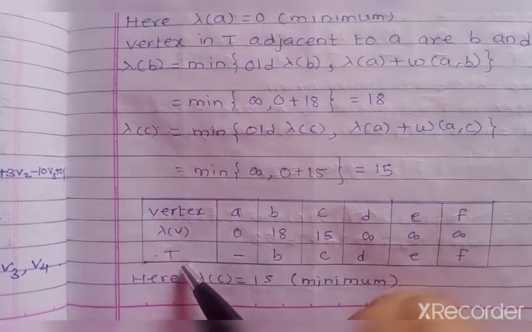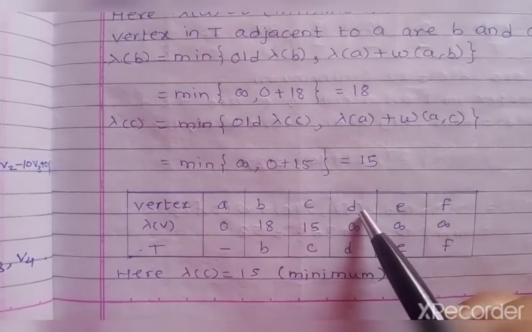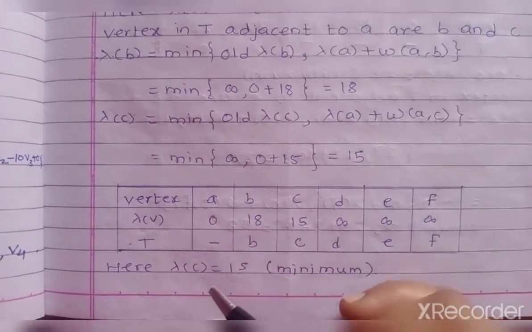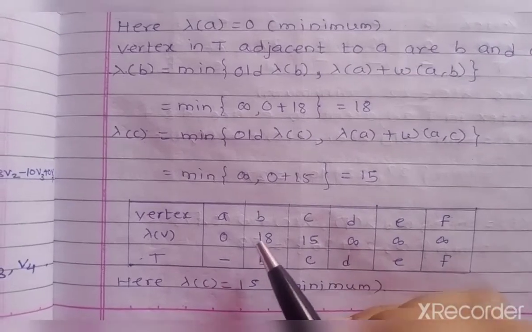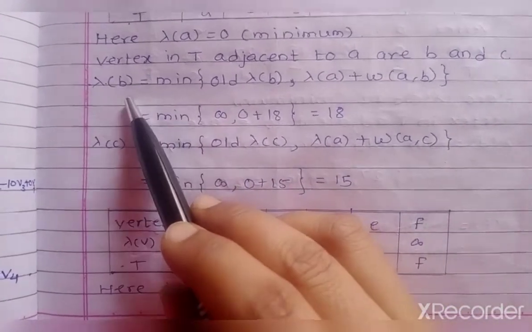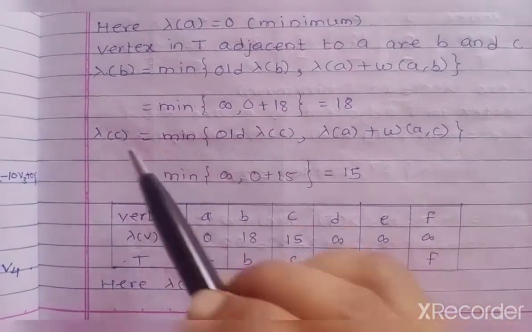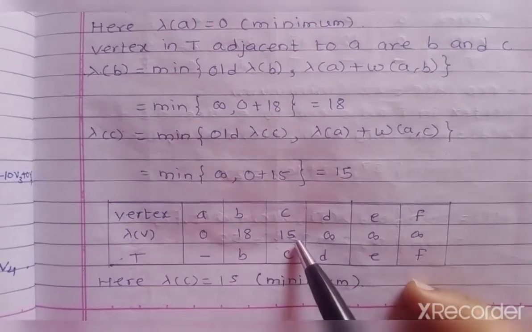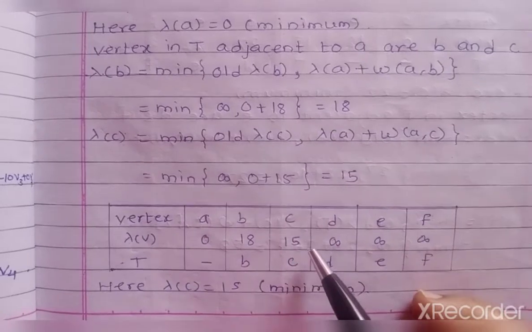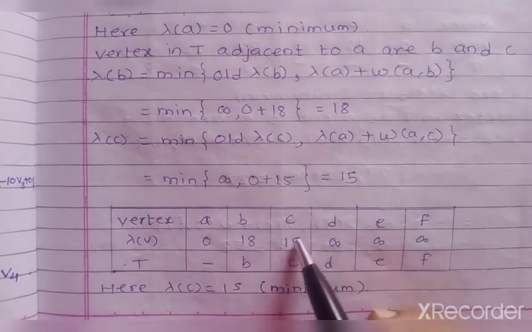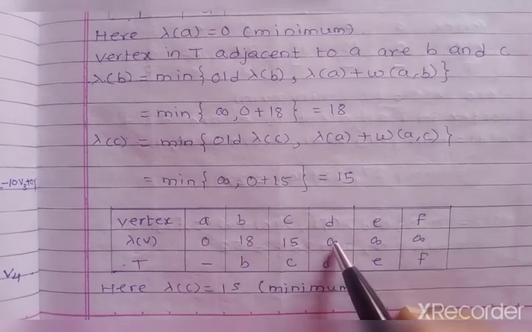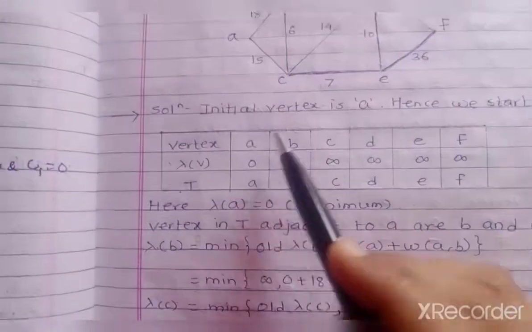Vertex, lambda of V, T: A, B, C, D, E, F. Now we put the values of lambda of B and lambda of C. Lambda of B is 18, so put 18. Lambda of C is 15, so we write 15. The remaining entries, except these two, we fill from the previous table.